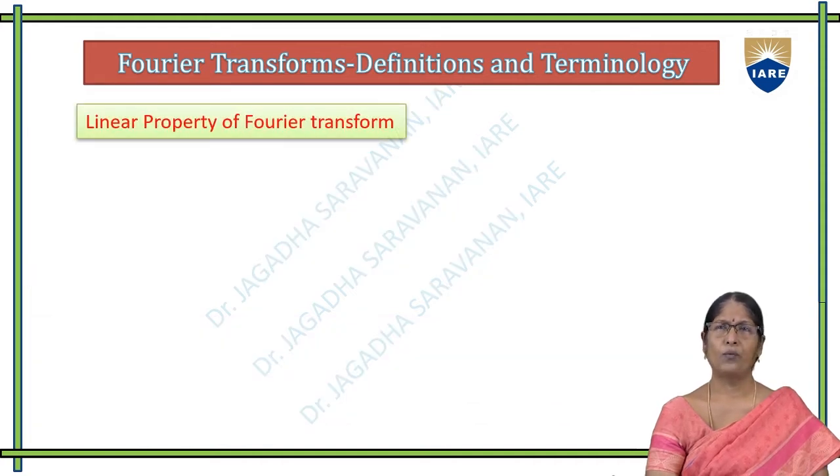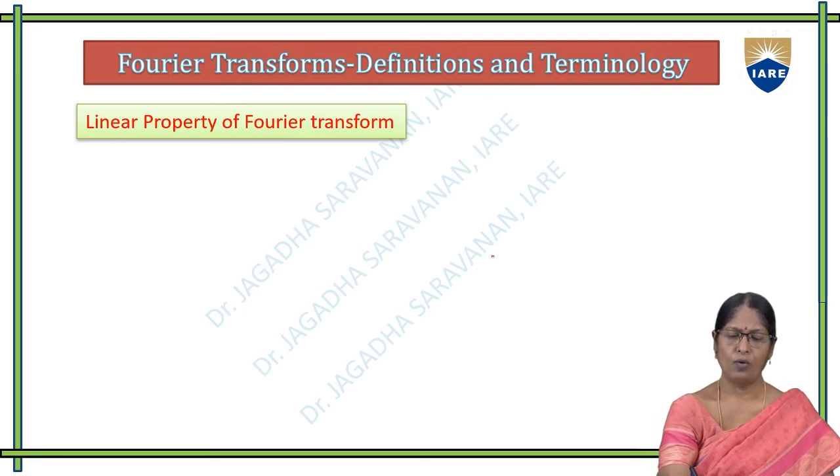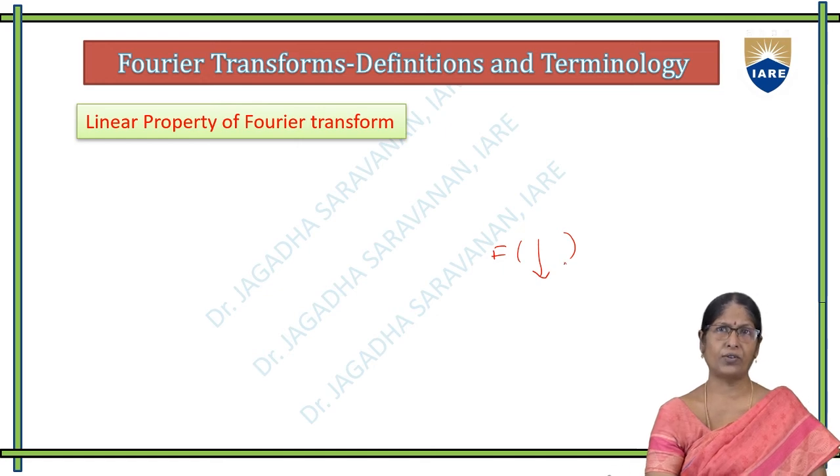So far we have discussed Fourier transforms completely, finite and infinite, all the formulas in detail. Next, we will face solving problems. Now, if the Fourier transform of only one function is given, we are very comfortable.